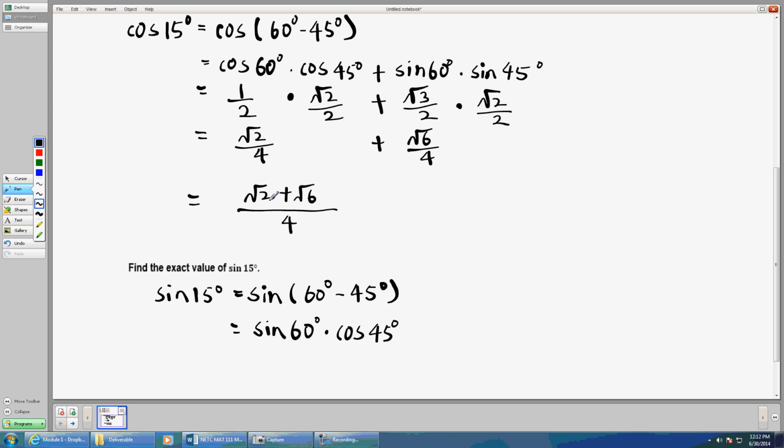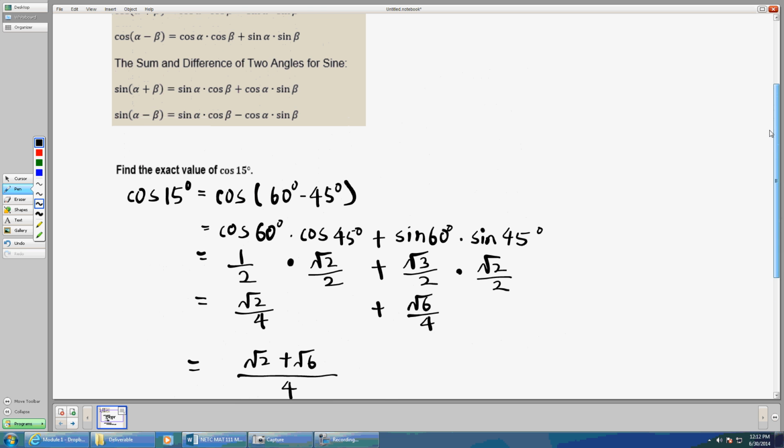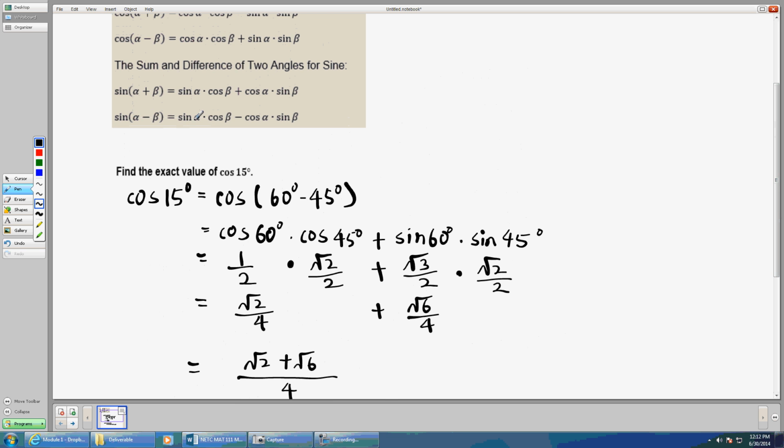The formula says minus the cosine of 60 degrees, the first angle, times the sine of 45 degrees. Let me scroll back up. Okay. Sine of the first angle times cosine of the second angle minus cosine of the first angle times sine of the second angle, called the beta here.